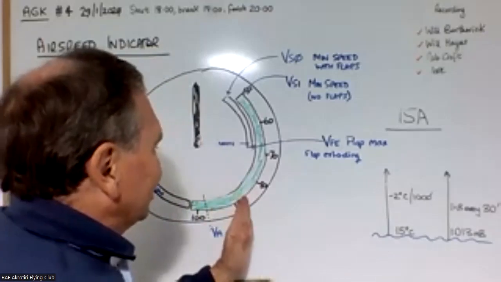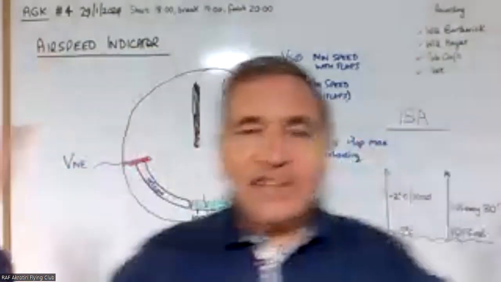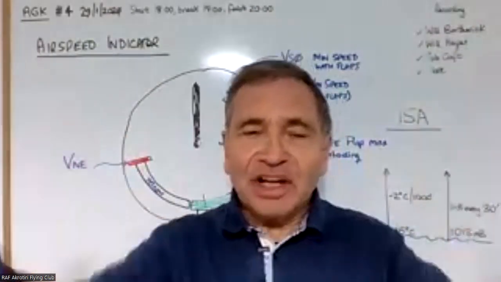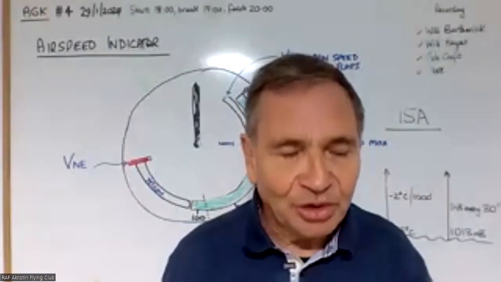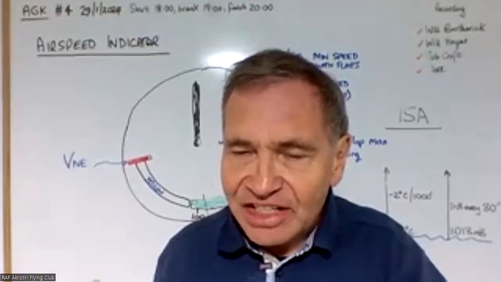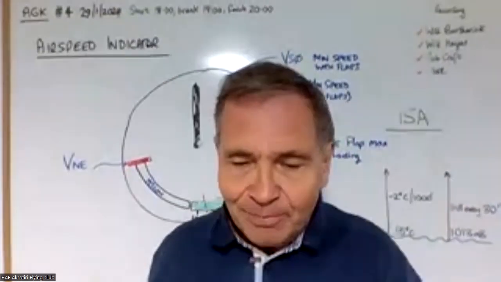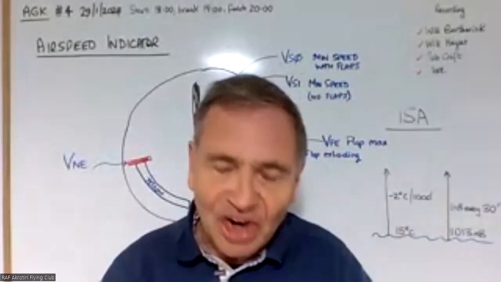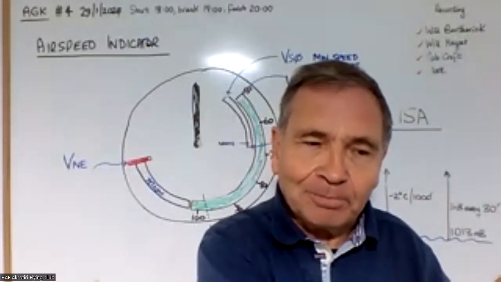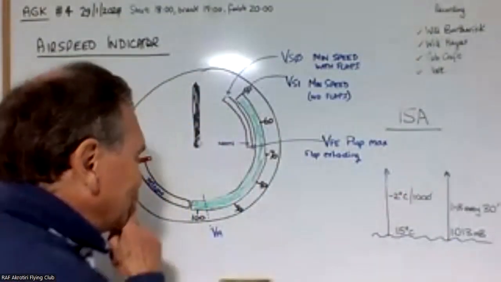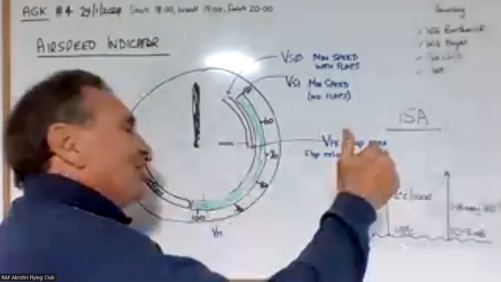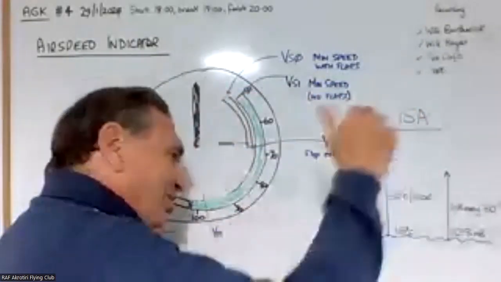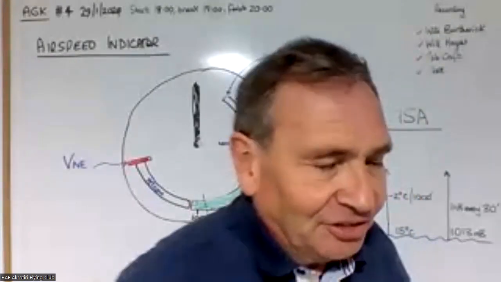In other words, the airspeed indicator will be showing 90 knots, and what the wings are seeing is still 90 knots. In other words, the molecules of air per second that's hitting the wings will still be the same as it would be on the ground. But because there's less molecules up higher, that means the plane is actually flying faster over the ground. So that means that 90 knots at sea level is slower than 90 knots at 5,000 feet, which is slower over the ground than 90 knots at 10,000 feet.